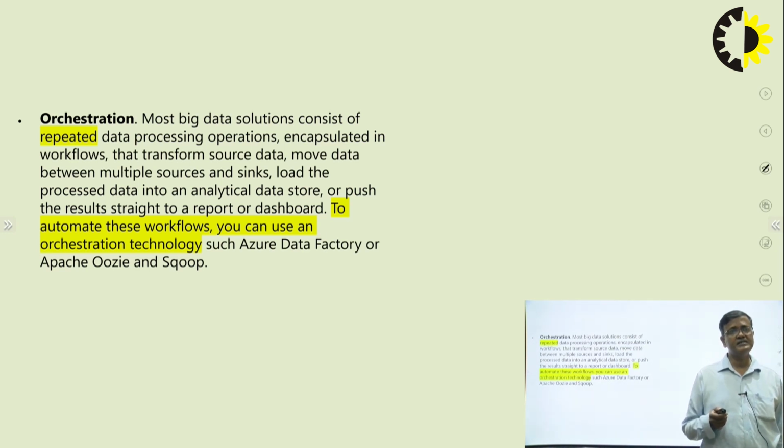These workflows also load the processed data into an analytical data store or push the results straight to a report or dashboard for reporting and analysis. To automate these workflows, you can use an orchestration technology such as Azure Data Factory or Apache Oozie and Sqoop.